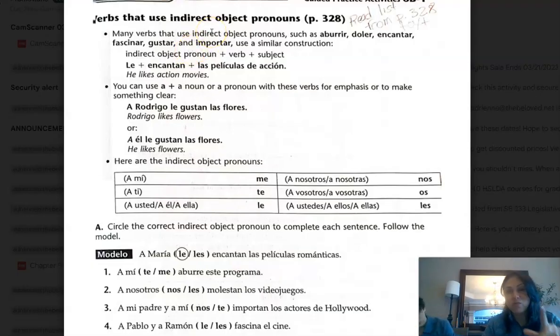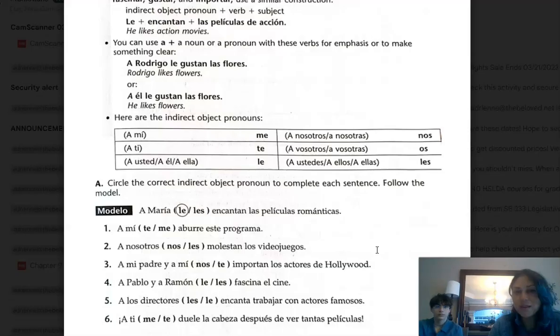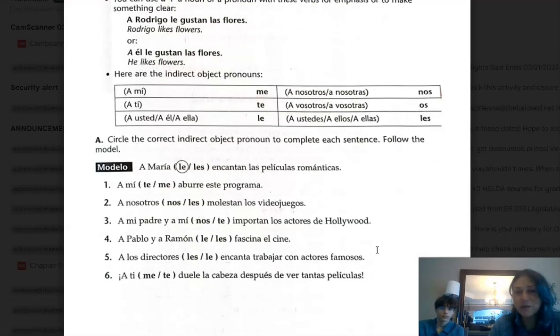So you can use the noun or the pronoun, and this here is the pronoun. Here we see a mí me. Repite. A mí me. A ti te. A usted le. A nosotros nos. A ustedes les. Or a ellos les. A ellas les. Okay, so let's do this part here.